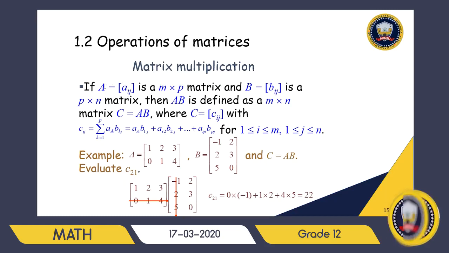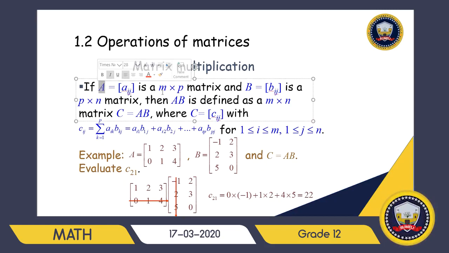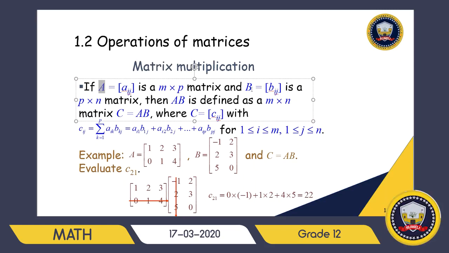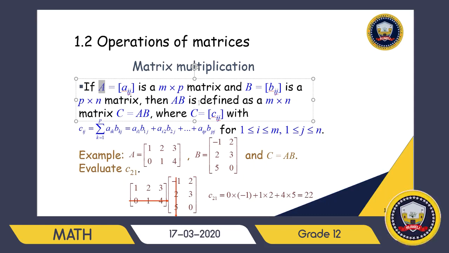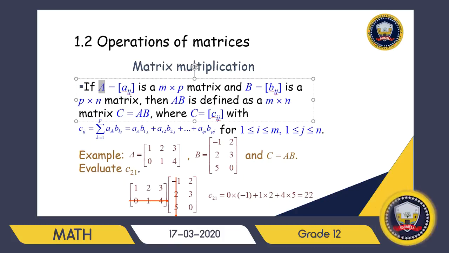If we have the matrix A, which is M multiplied by P, and let's take another one, which is B. In this case, the order of the matrix B is P multiplied by N. So if we want to define A times B, or the multiplication of the matrix A by B, we can define a new matrix, which is C, and the order of this matrix C in this case would be M multiplied by N. Why is it M multiplied by N?